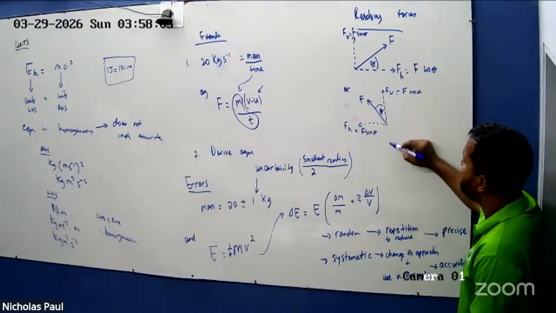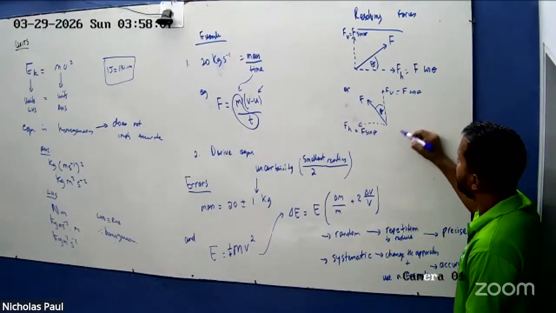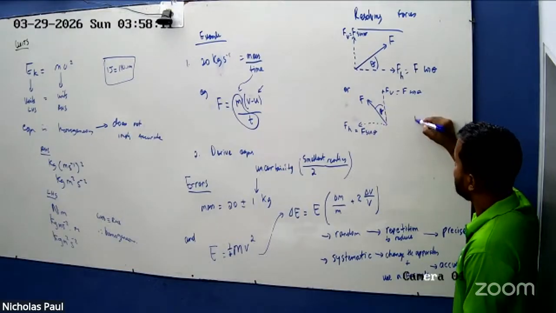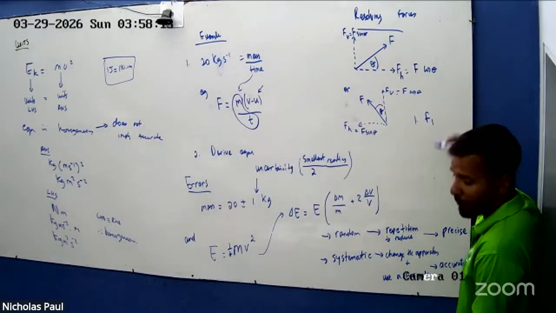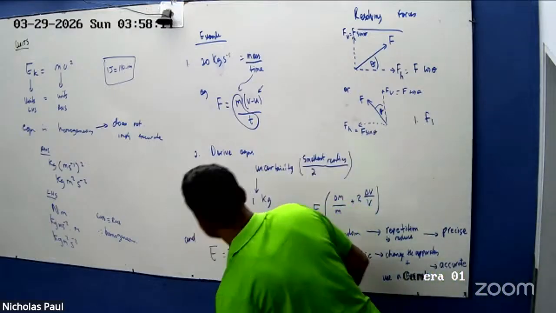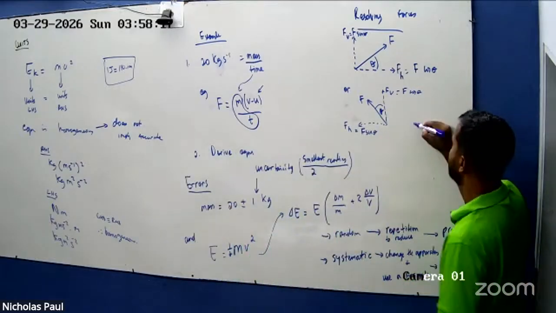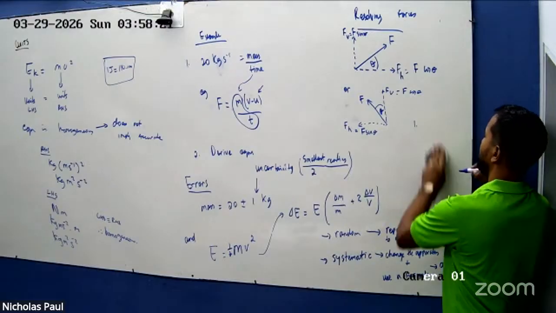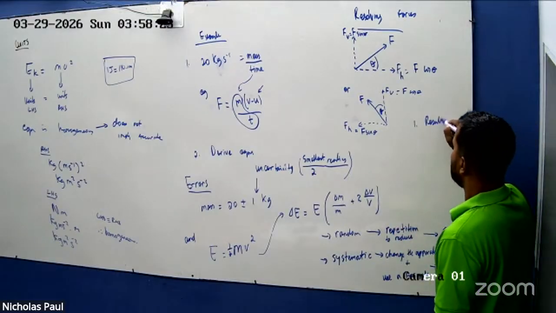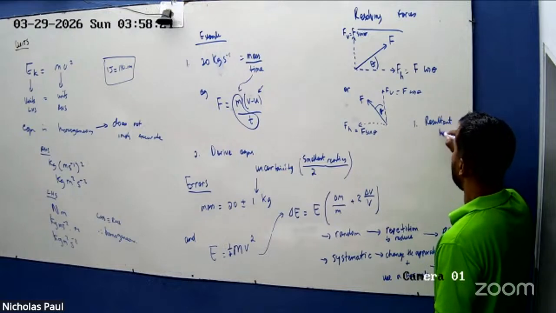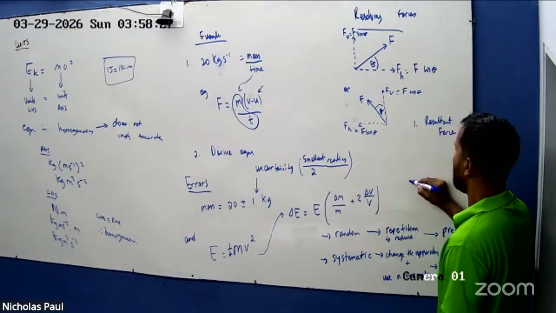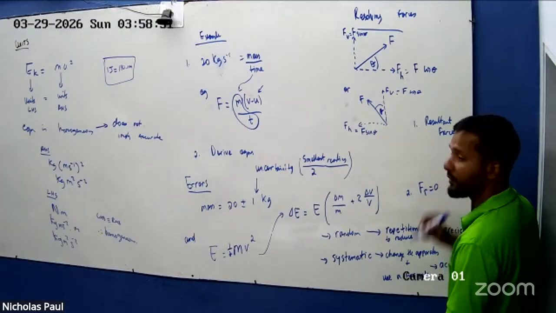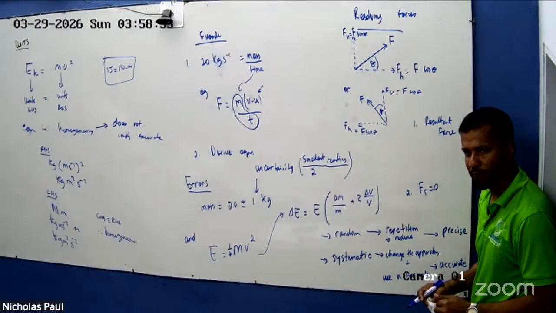Once you have the components, we need to be able to find a few things. Number one, we need to be able to find the resultant force. And number two, if the resultant force is zero, then what does that mean?